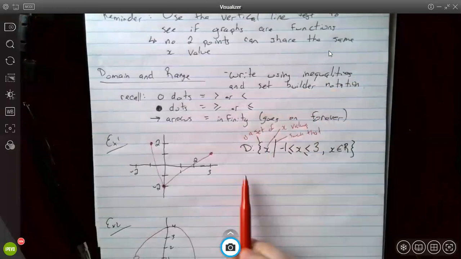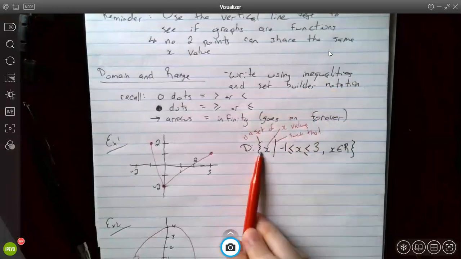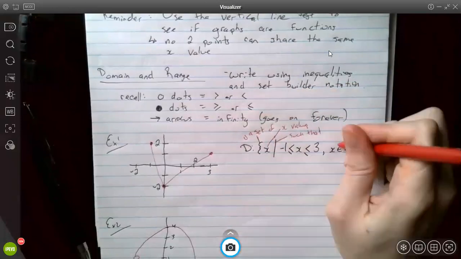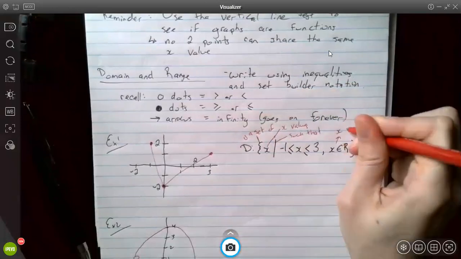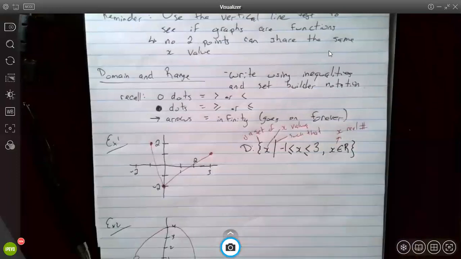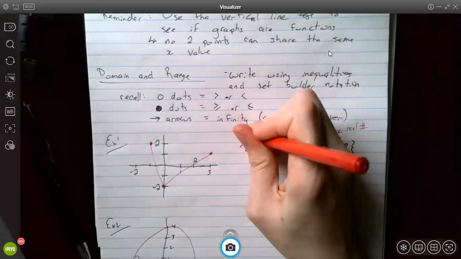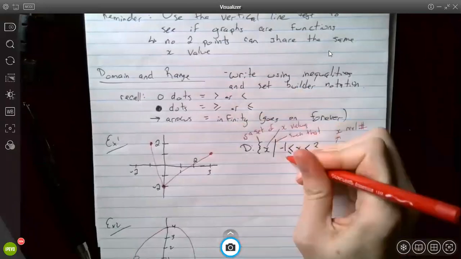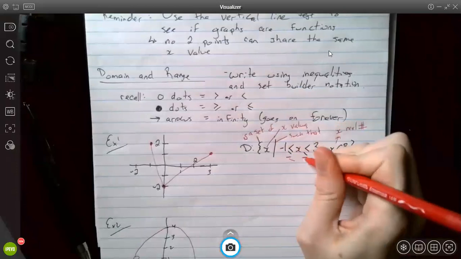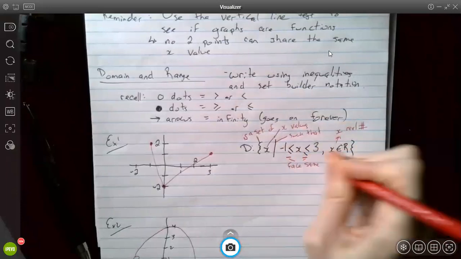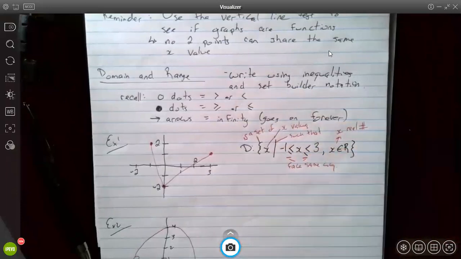So the domain is a set of X values such that, then we have our inequality, and then at the end we say X is a real number. Sorry, this is the word is. Okay, you should also check these two signs. They don't have to be identical, but they do have to face the same way. If they don't face the same way, you've done something wrong.